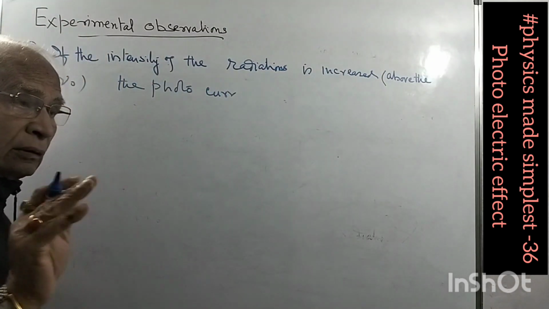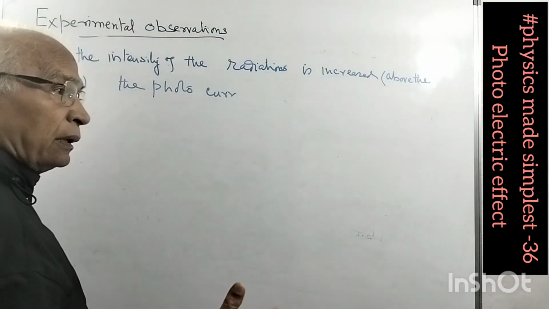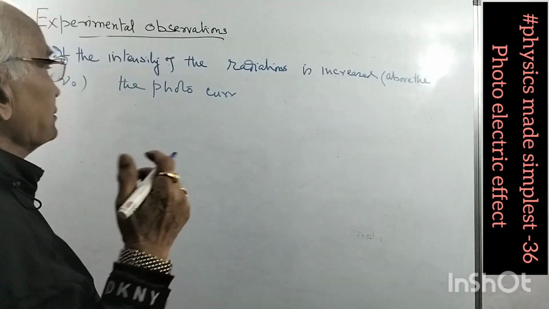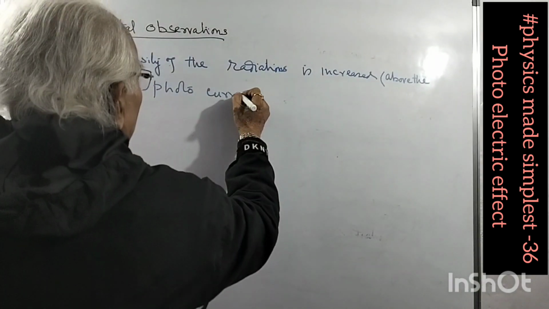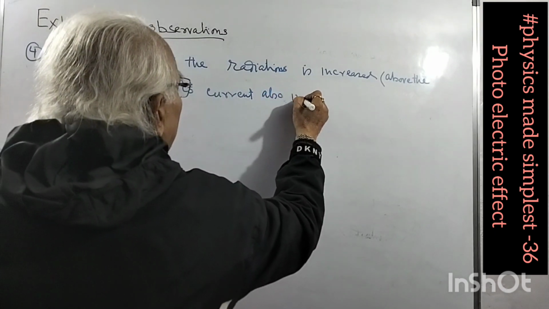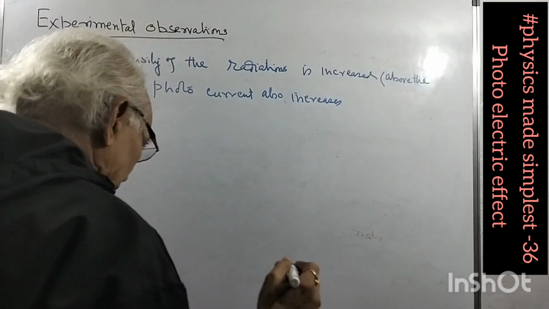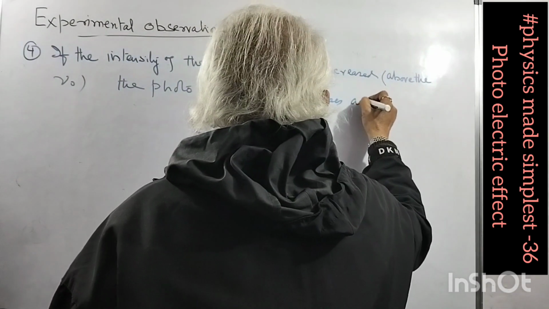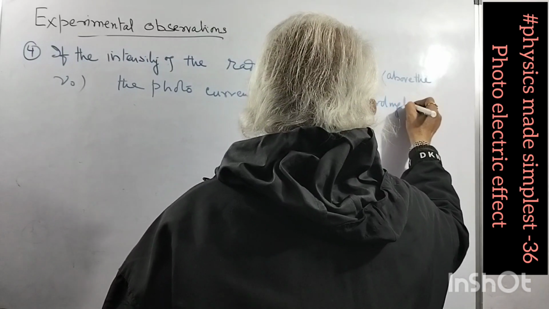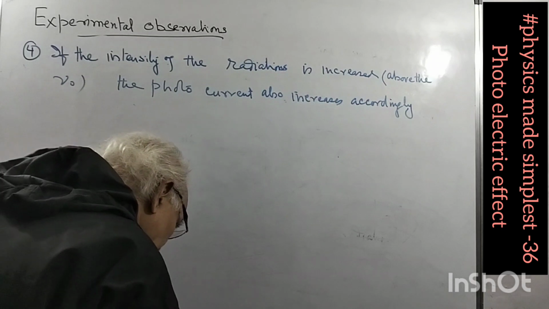Below nu naught, no, it will not come out. But above the nu naught, if you increase the intensity of the radiation, photocurrent will increase accordingly. So, these are the observations.